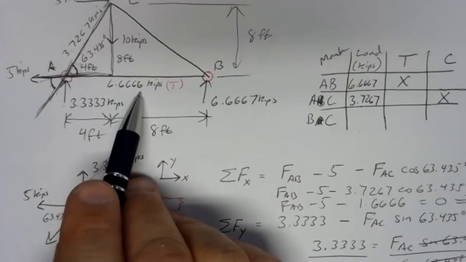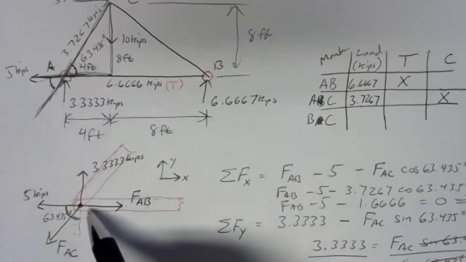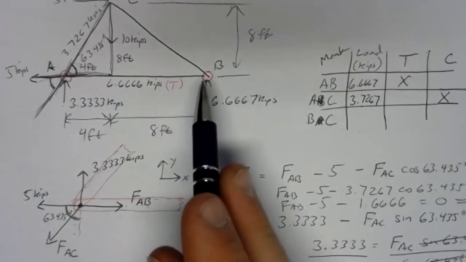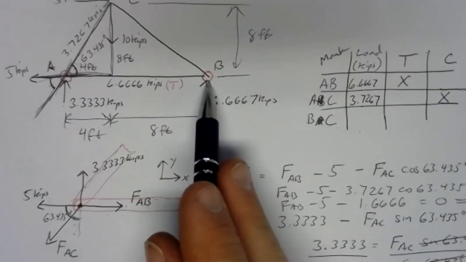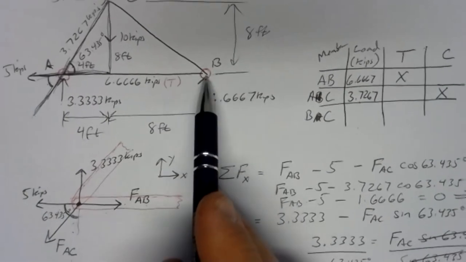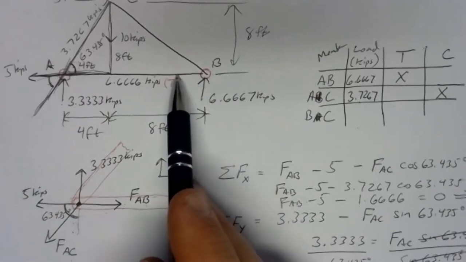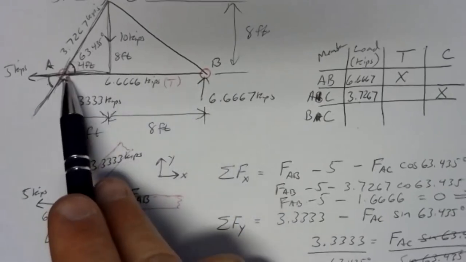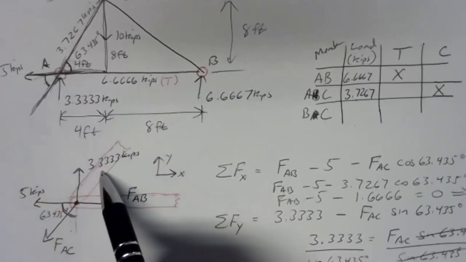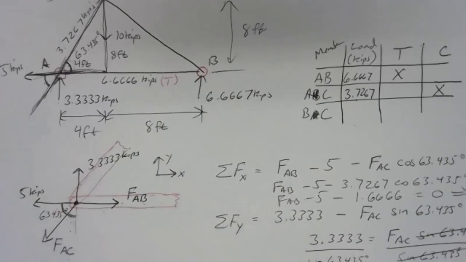Member AB is in tension, and members that are in tension pull the joints inward. So we know everything about what's going on with member AB at joint B. This is not a guess. We know that joint B is going to be pulled to the left. Since joint A is pulled to the right, the joints are pulled together when a member is in tension. When something's stretched out, it tries to shrink back to its original size. So it's pulling those support points inward.